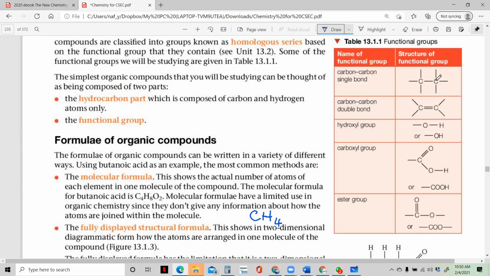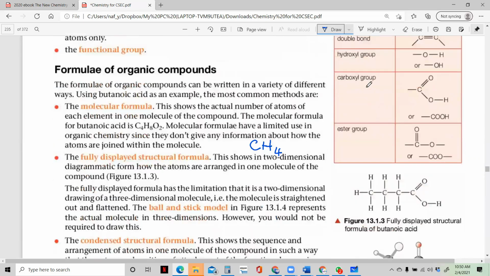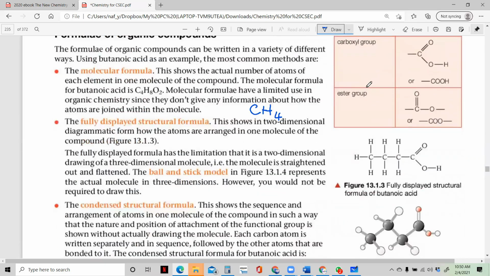So these are all the functional groups here. Everybody in the family is going to have this particular group in it. The family groups we're looking at are alkanes, alkenes, alcohols, and acids. Later on, we're going to be looking at esters.